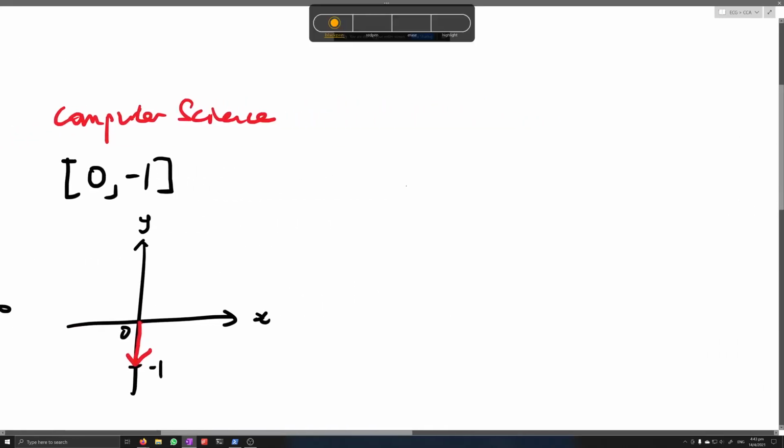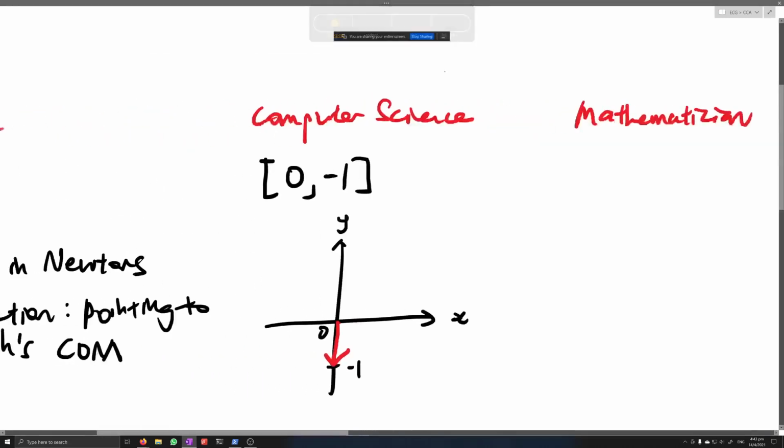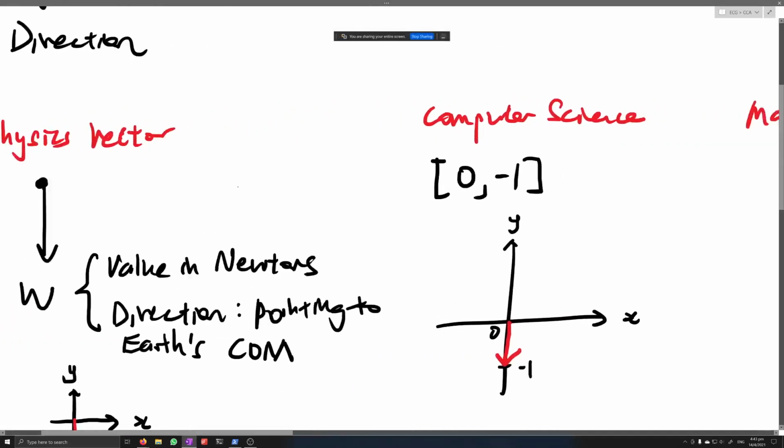Okay. For the mathematician, they like to marry both of these ideas.